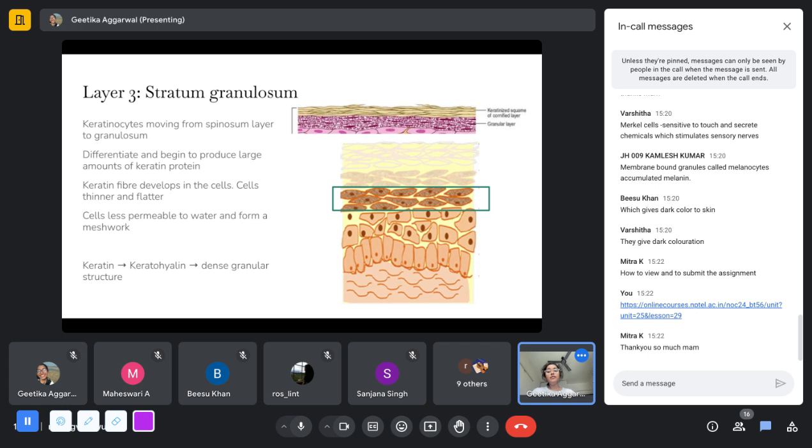And so keratin forms keratohyalin, which leads to this dense granular structure. I hope I'm clear. This is all about stratum granulosum, and I think it's clear why it appears granular. It's because of these keratin fibers or keratohyalin structures.